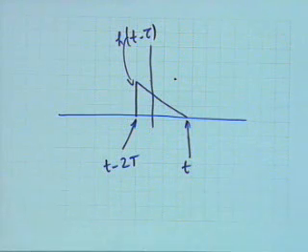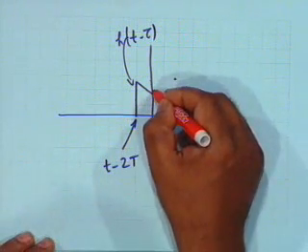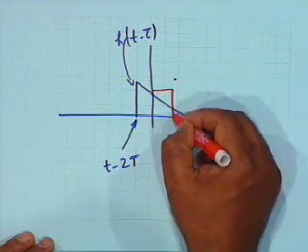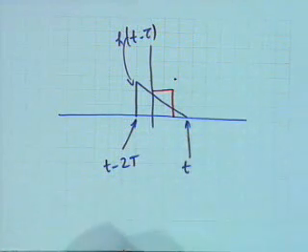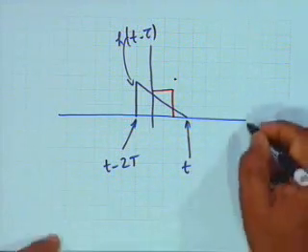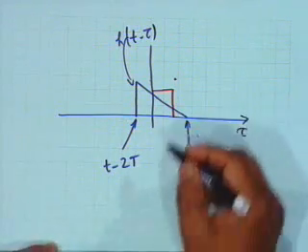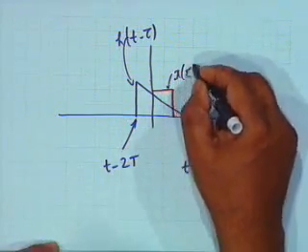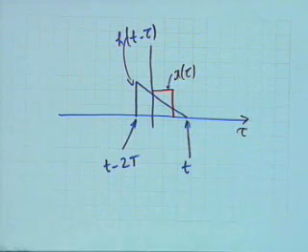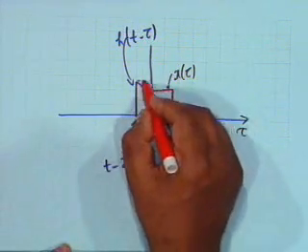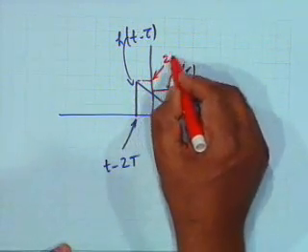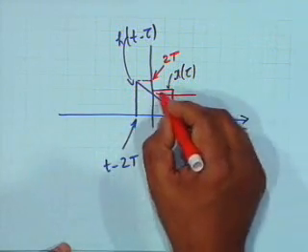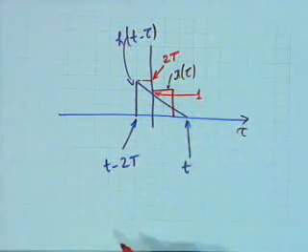And my x of tau versus tau is like this, where this amplitude is 2T and this amplitude is 1.